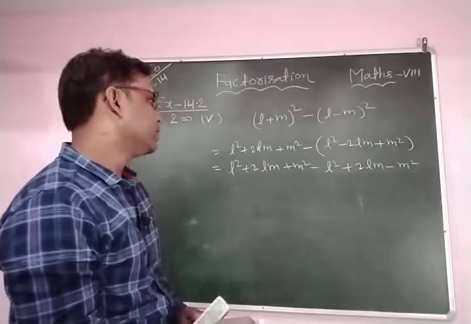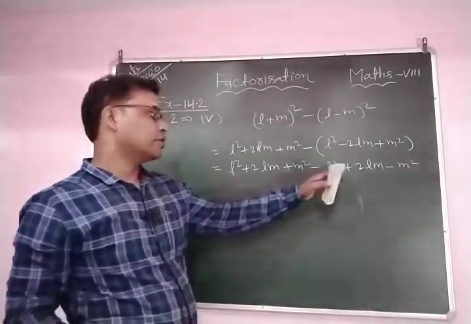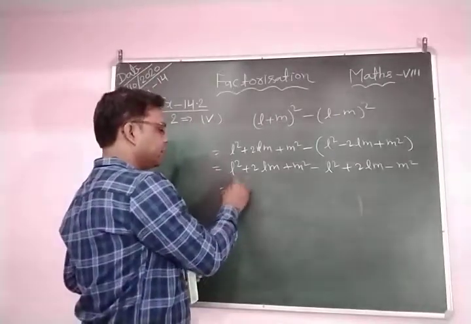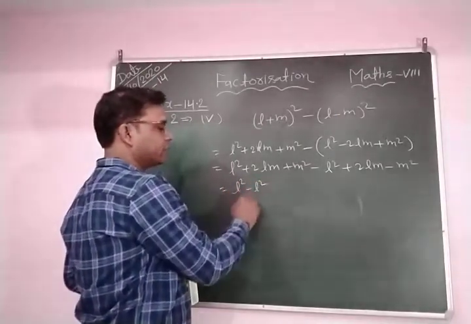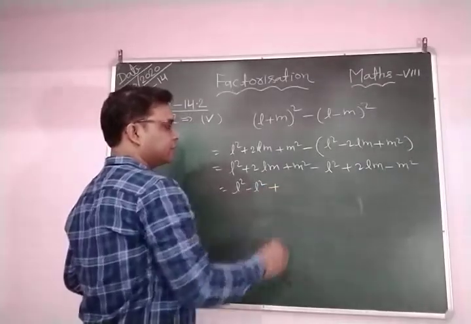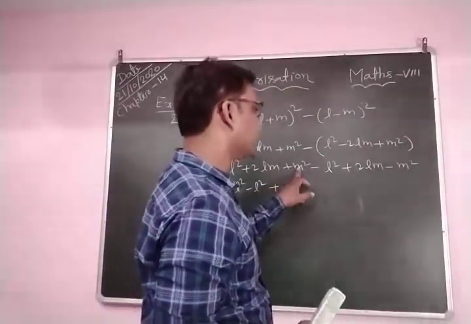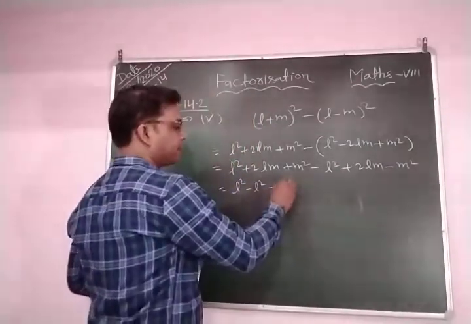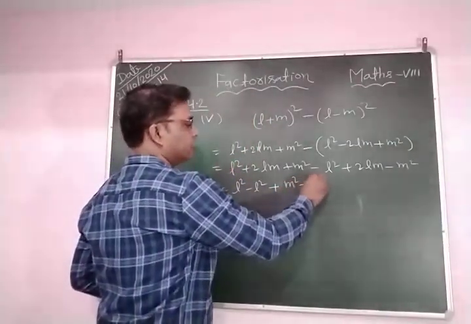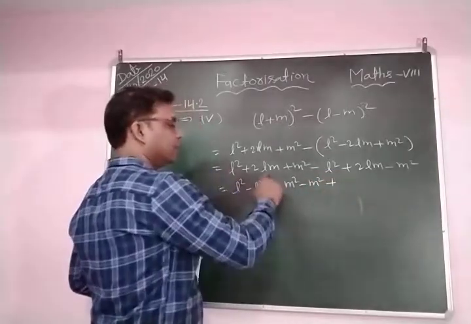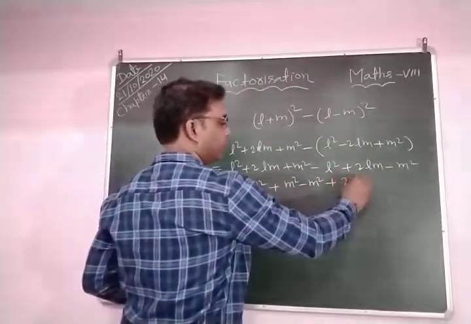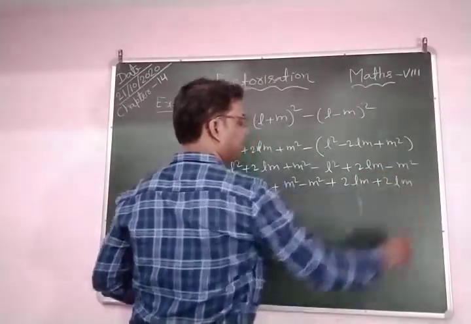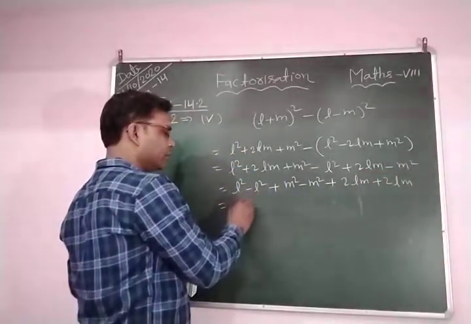Now you can see l square minus l square will be cancelled, it becomes 0. Again m square minus m square becomes 0.